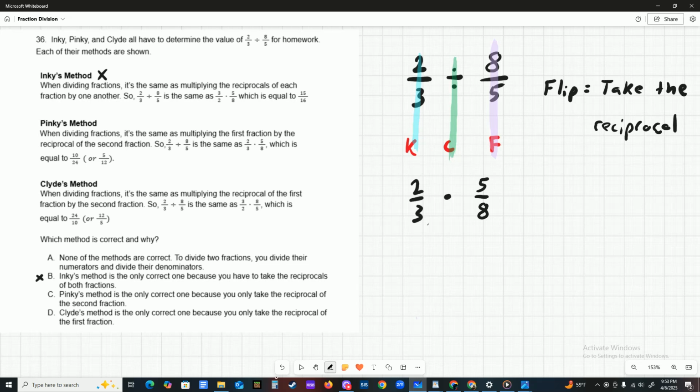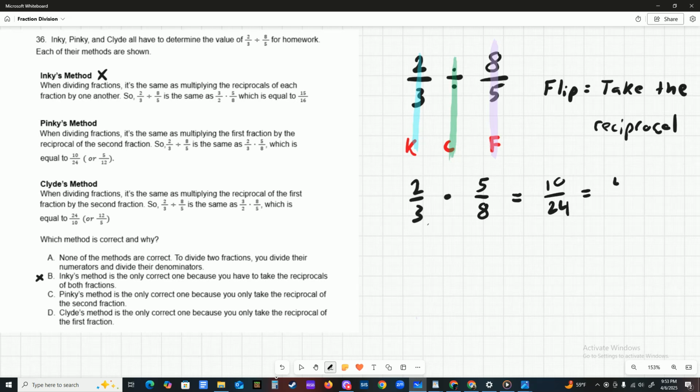Let's check Pinky. Pinky's method is this. When dividing fractions, it's the same as multiplying the first fraction by the reciprocal of the second fraction. So 2/3 divided by 8/5 is the same as 2/3 times 5/8, which is equal to 10/24 or 5/12. Oh, I didn't get the product. So this is 10/24.